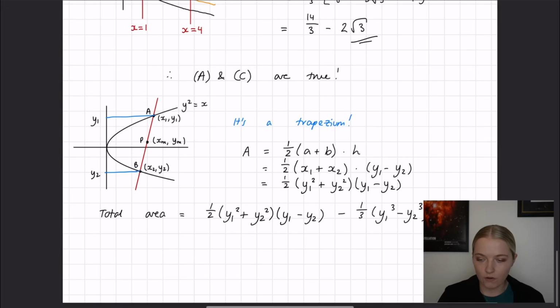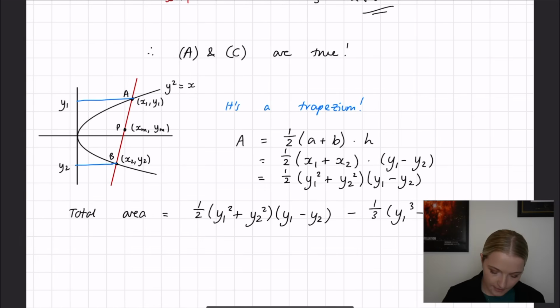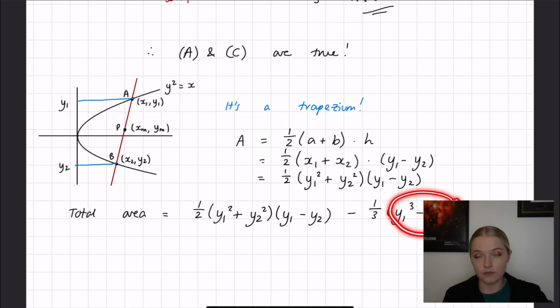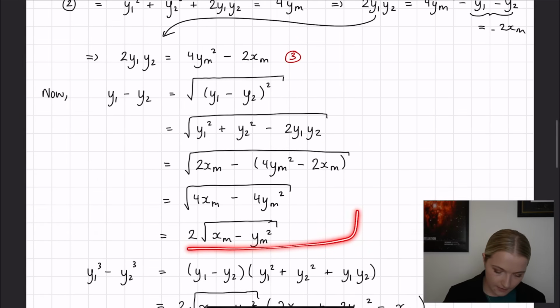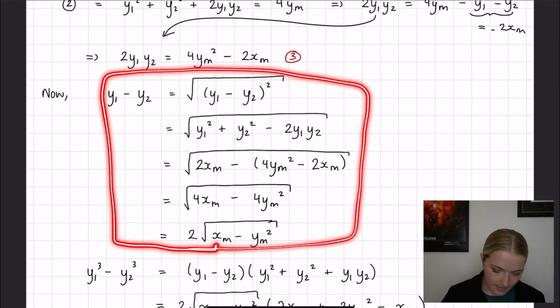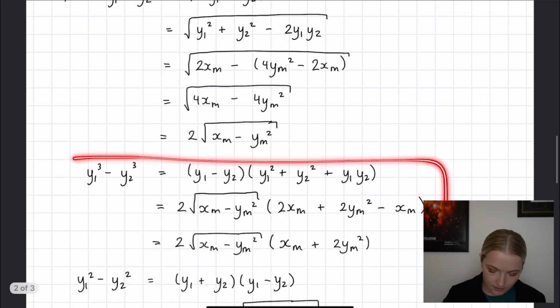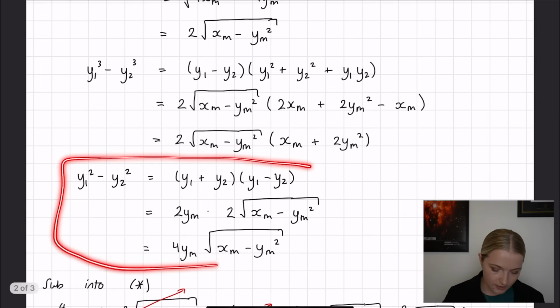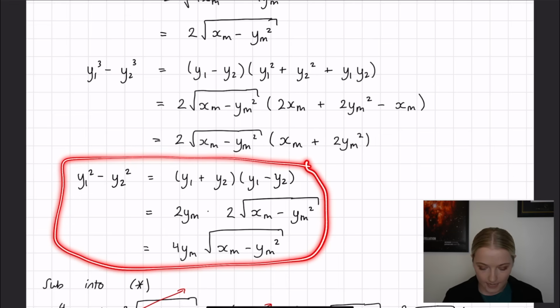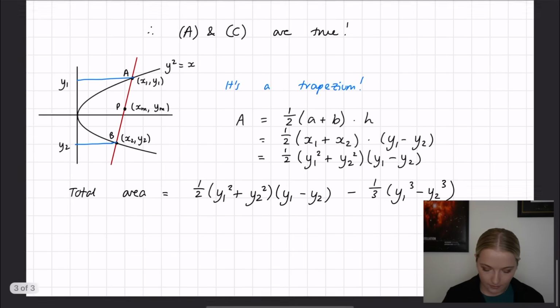So all you would really need to do in this instance is calculate y1 minus y2 and y1 cubed minus y2 cubed. You would still need to calculate this section here, and this section here. But you wouldn't need to calculate this, because we didn't need to substitute that in. That's not in our new area equation.